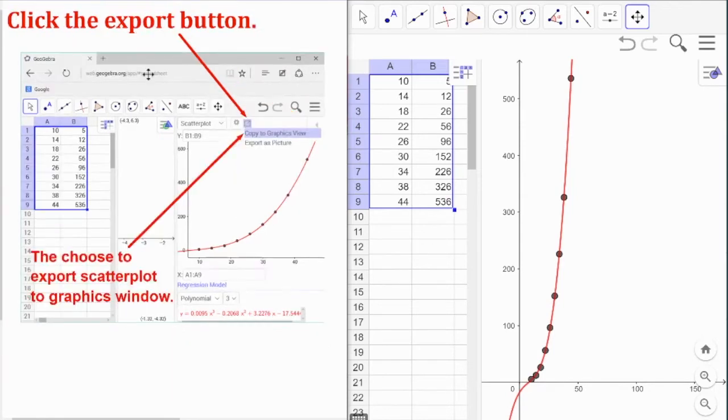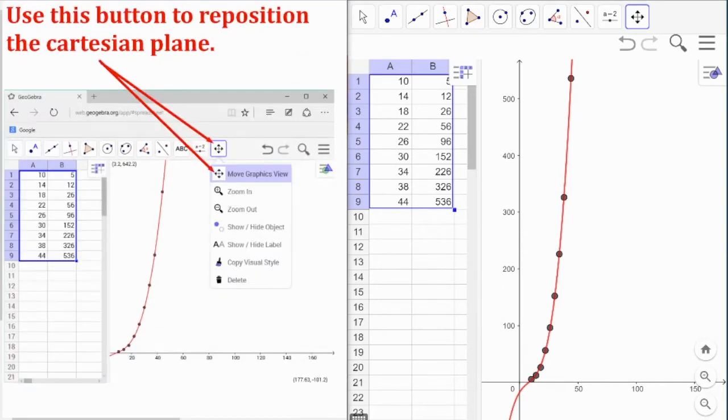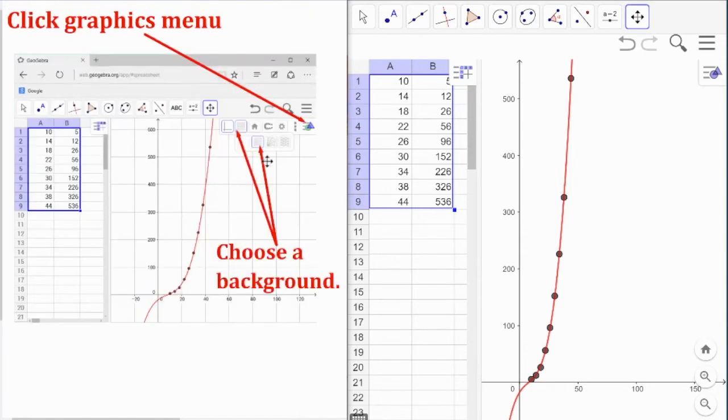So let's see. We exported to graphics view, then we closed that window. We took note of our polynomials earlier when we were comparing the different degrees. And now we can readjust, which we've done to make it viewable. And we can set a background grid.